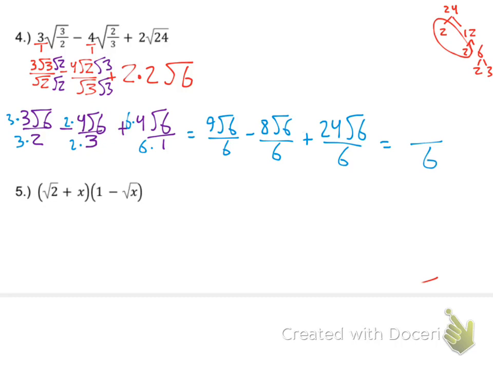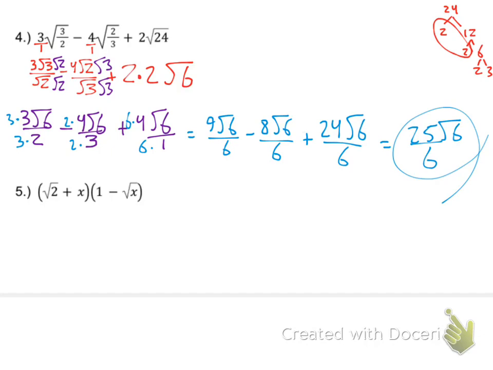What's 9 of something minus 8 of something plus 24 of something? It's 25 of something, and that something they all had was square root of 6. Done. Pretty simple.